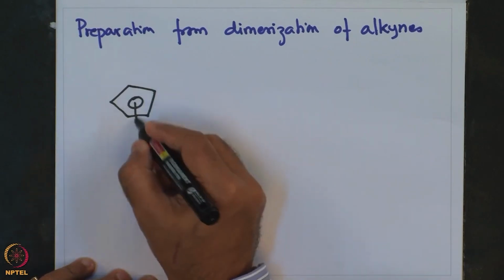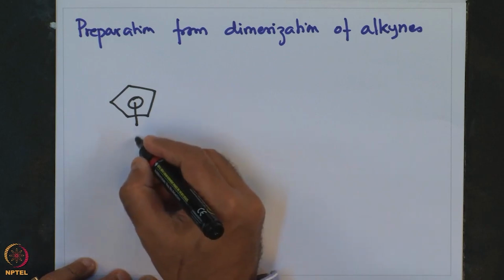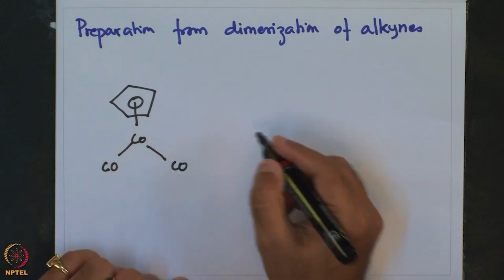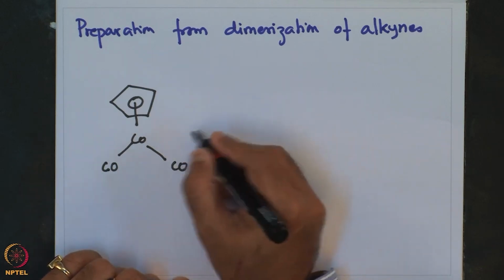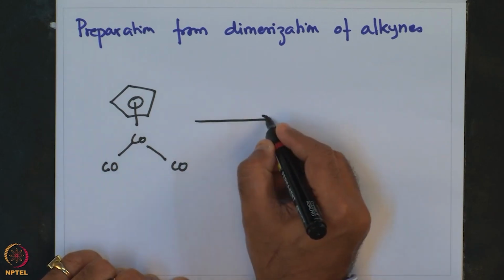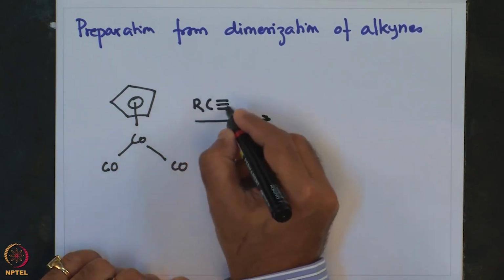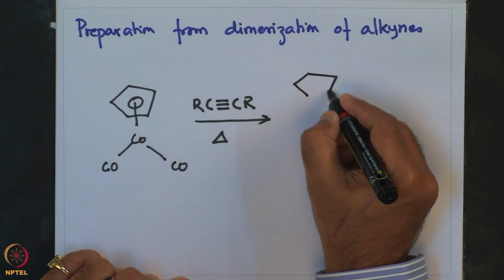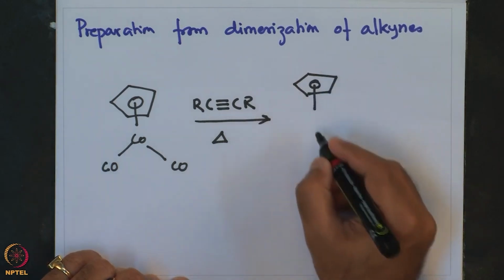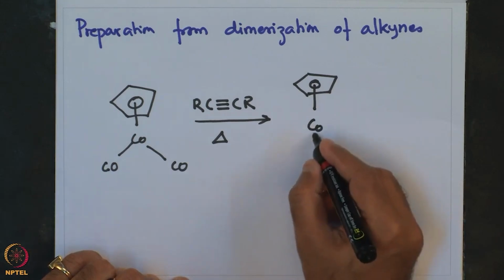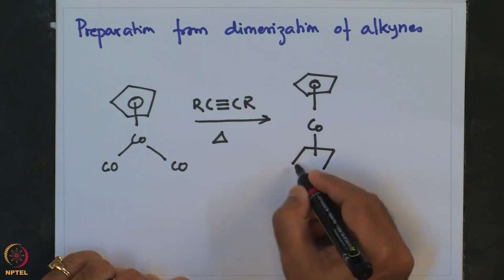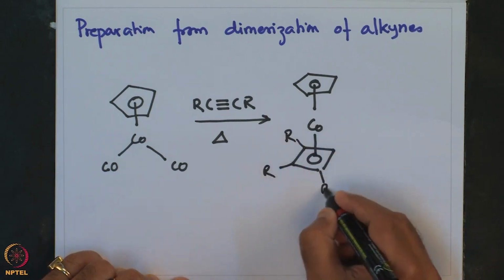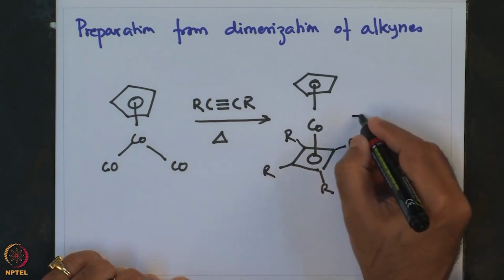The reaction of CpCo(CO)2, this is the half sandwich complex, reacting with alkyne in the presence of heat, giving a sandwich compound along with trimerization.